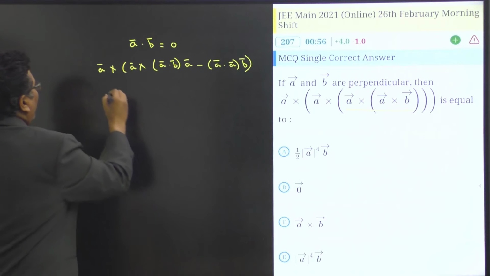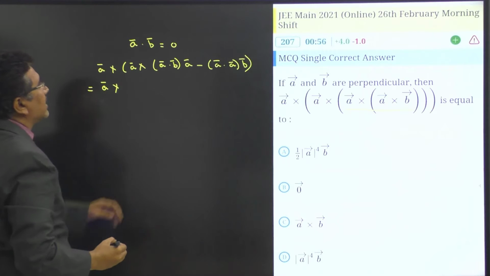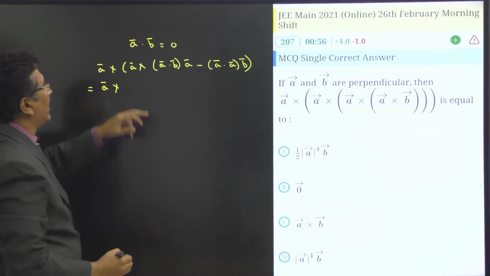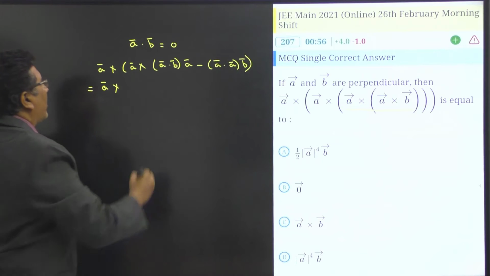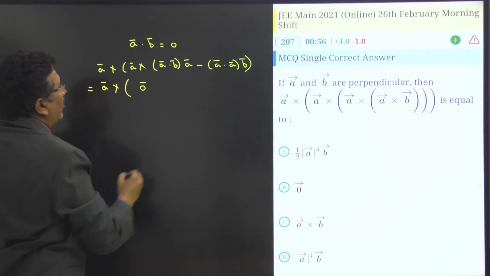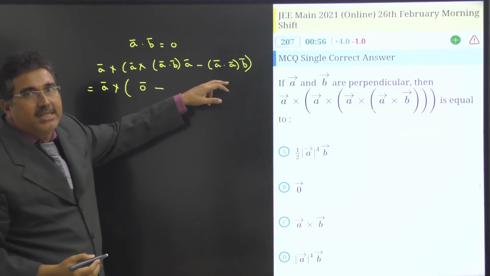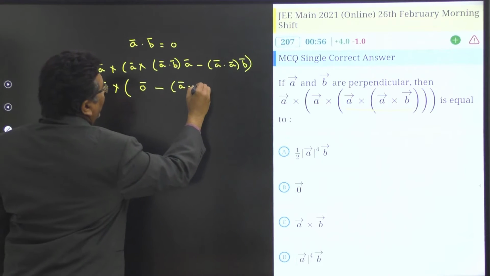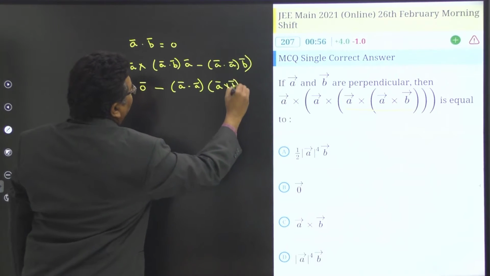Now here A bar dot B bar is a scalar, and A bar cross A bar is equal to 0 bar, minus, here A bar dot A bar is a scalar, A bar dot A bar into A bar cross B bar.